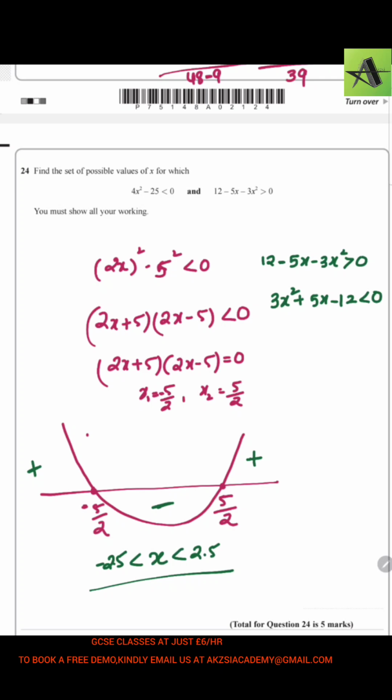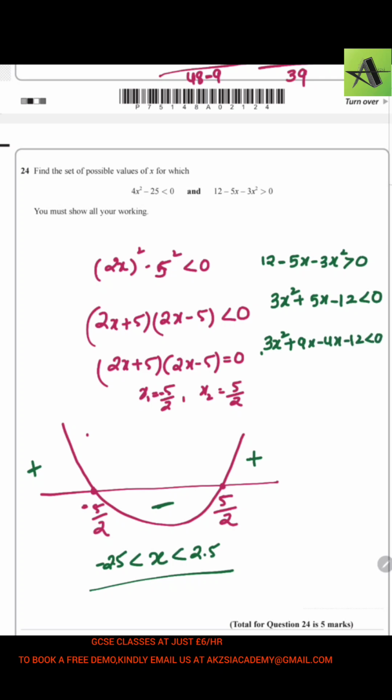Their sum is 5 but their product is −36, and such numbers are 9 and −4. 9 times −4 is −36, and 9 plus −4 is 5. So in place of the middle term, I'll write 9x − 4x. So 3x² + 9x − 4x − 12 < 0.